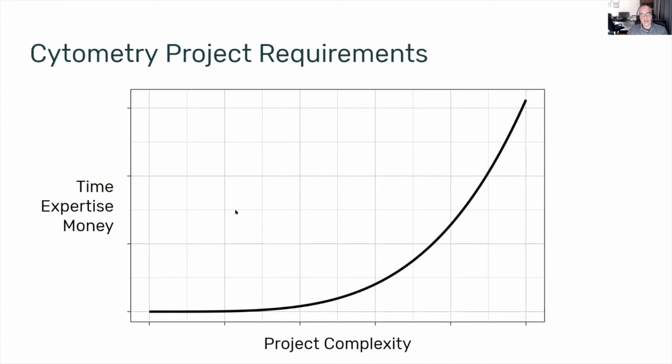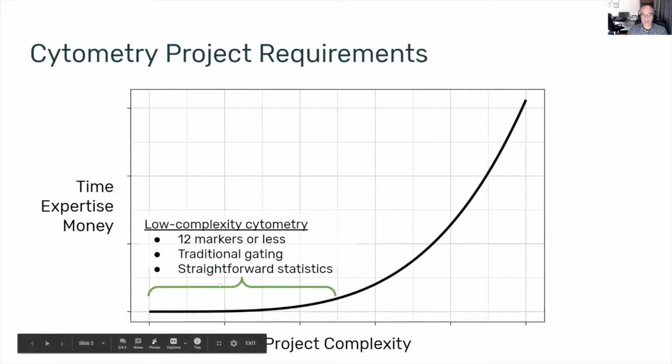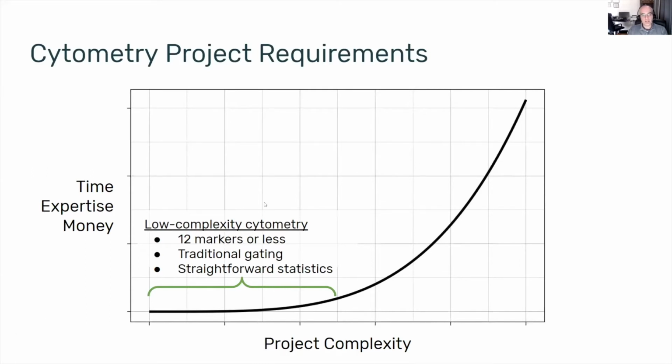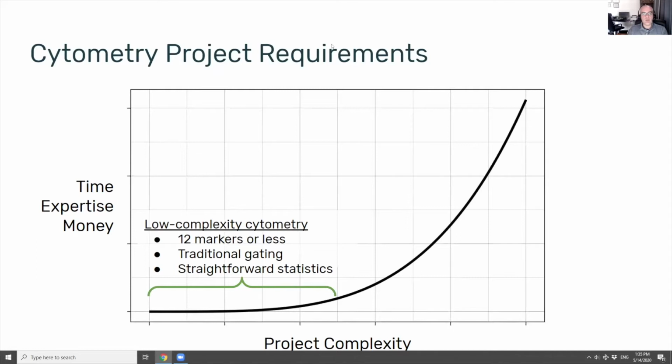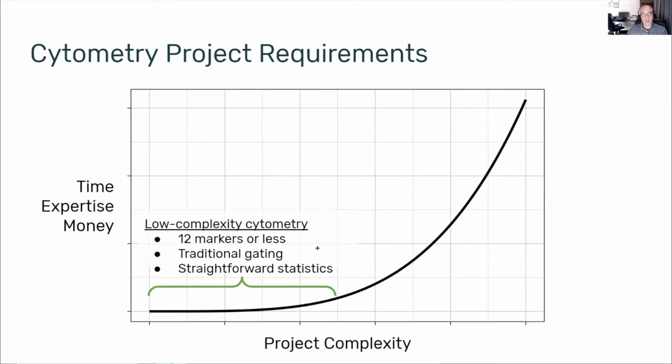And I'm sure that most of the audience is intimately familiar with this area of the curve, where you have 10 to 12 markers, and you can use many of the traditional tools that exist, such as gating, such as t-tests, to analyze your data. And I think there's this expectation that as you move to higher dimensions and you get more markers, the plot is going to continue along these lines.